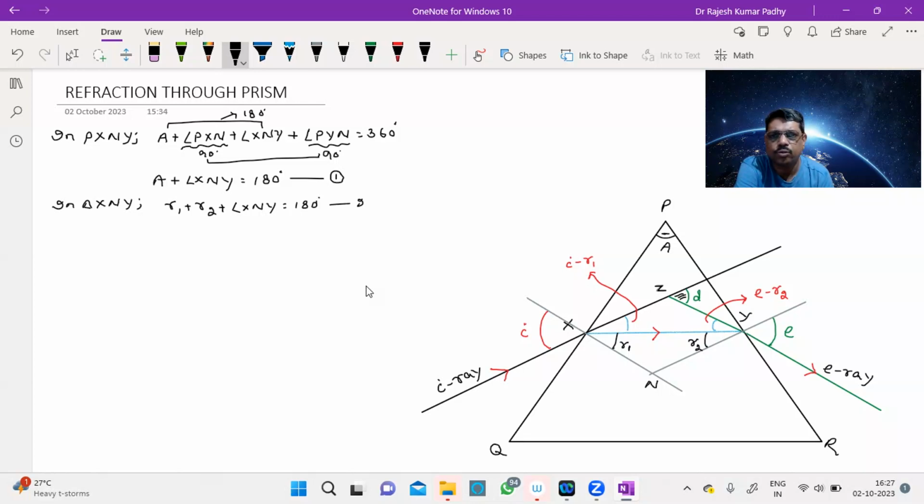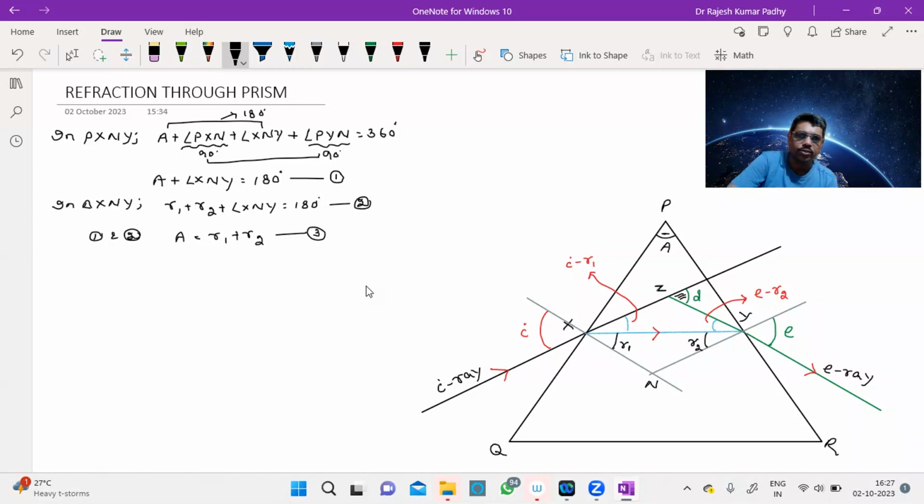This is equation 2. Now equation 1 says A plus XNY equals 180 degrees. Equation 2 says R1 plus R2 plus XNY equals 180 degrees. Therefore, from equations 1 and 2, we can write A is equal to R1 plus R2. This is equation number 3.